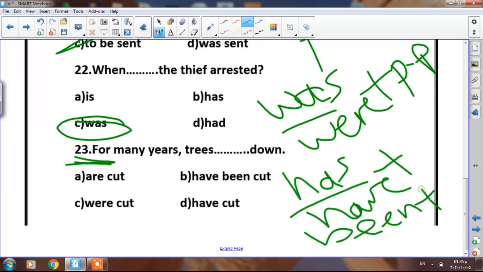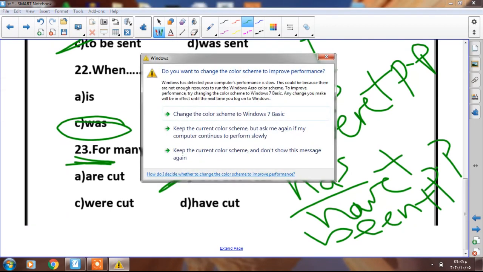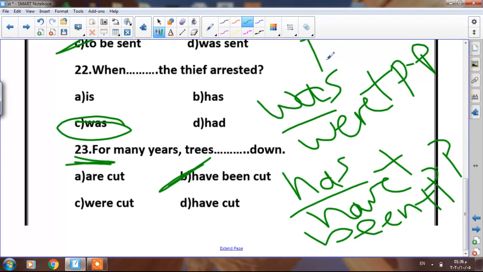So are cut, were cut, have been cut. I choose "have been cut" because we have the word "for."